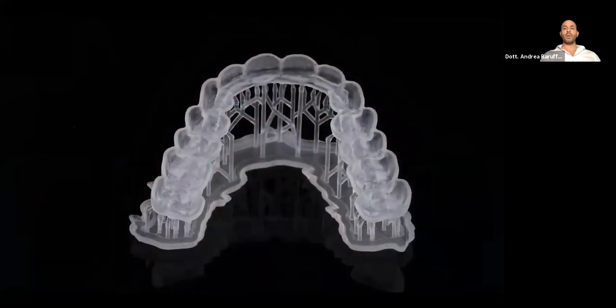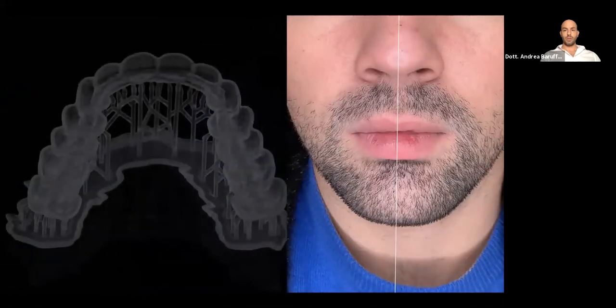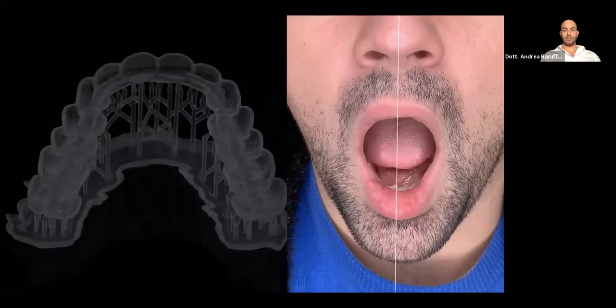The first therapy is to stimulate the patient to mobilize the mandible to solve the lock. We produced an individual occlusal splint. Look also at the deviation that he has.